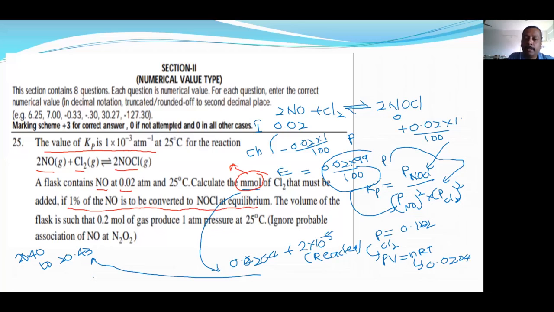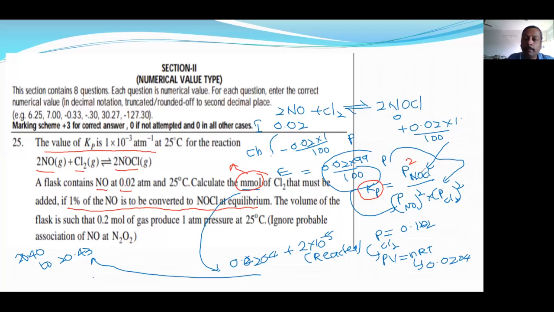First let us write the Kp formula. Kp is equal to PNOCl to the power of 2 divided by PNO to the power of 2 into PCl2.